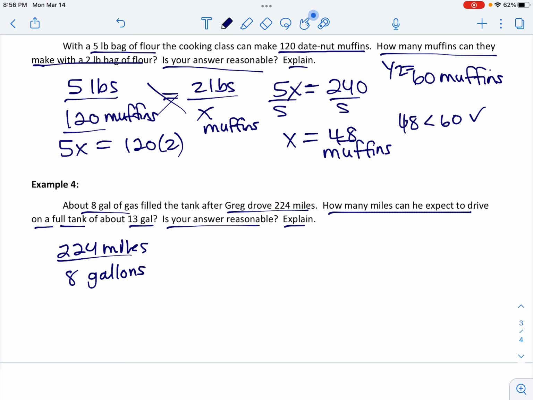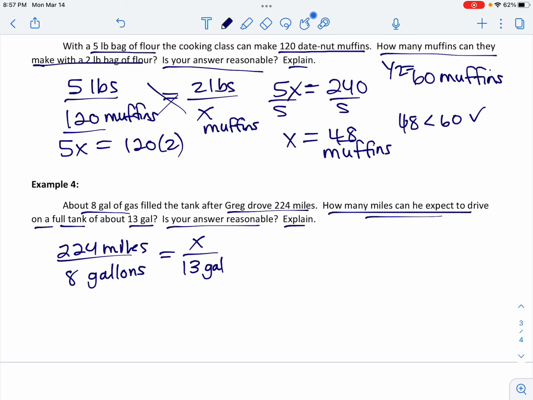So it doesn't really make sense to say 8 gallons for 224 miles, but it does make sense to say 224 miles per 8 gallons. So that's just how I'm setting it up. And that's going to equal x, which is how many miles can I expect to drive, is x, at about 13 gallons.